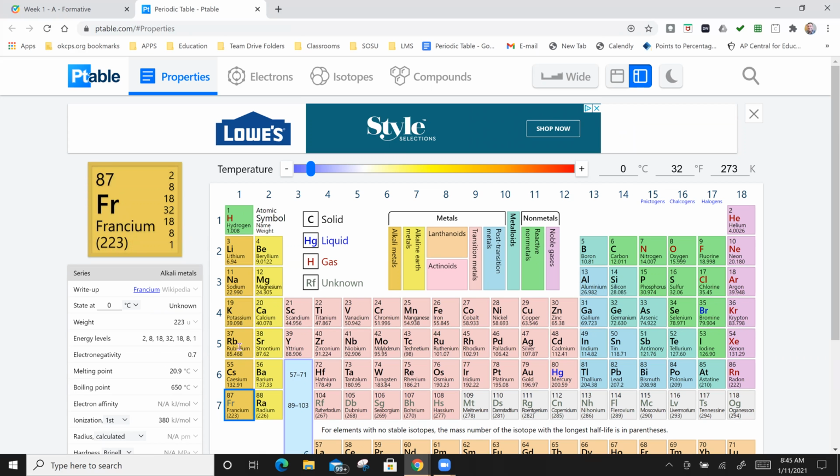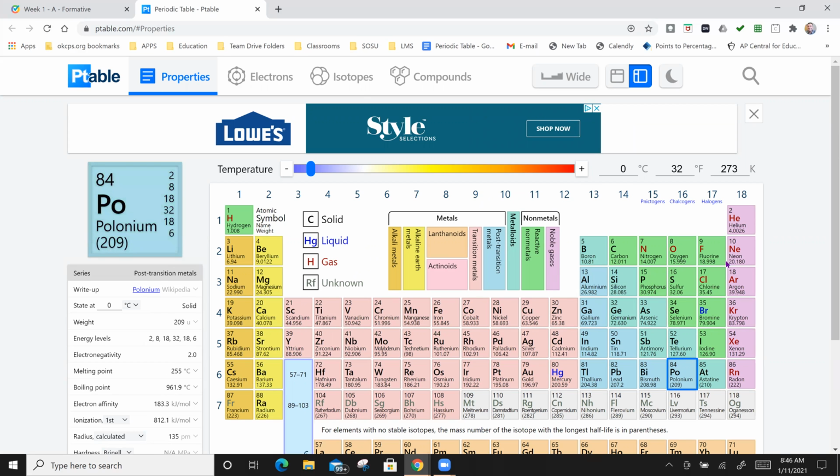And that is why we can say group 1 has 1 valence electron, or group 2, if you look at it here, everything in here has 2 valence electrons. And if we go to group 3A, now it doesn't say 3A on here, but all of these in group 13 have 3 valence electrons. And the same thing in group 4, or 14 in this case. In group 15, they all have 5. In group 16, they all have 6.